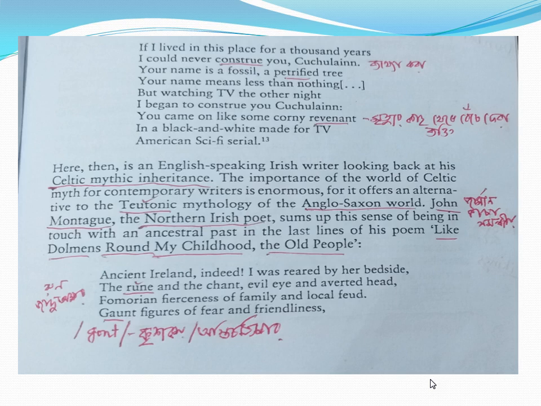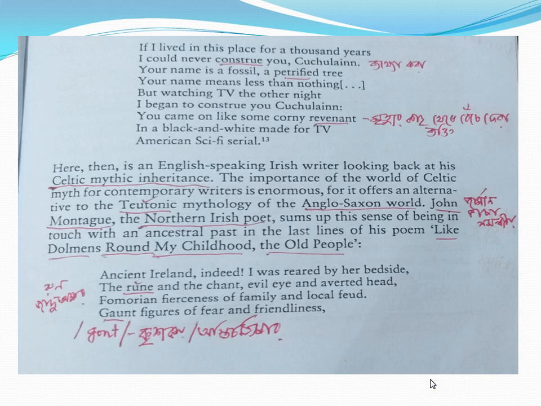Ancient Ireland indeed, I was reared by her bedside, the ruin and the chant, grand figures of fear and friendliness. It means that not only did Irish people have their language, they have their culture, their mythical past, their cultural inheritance.